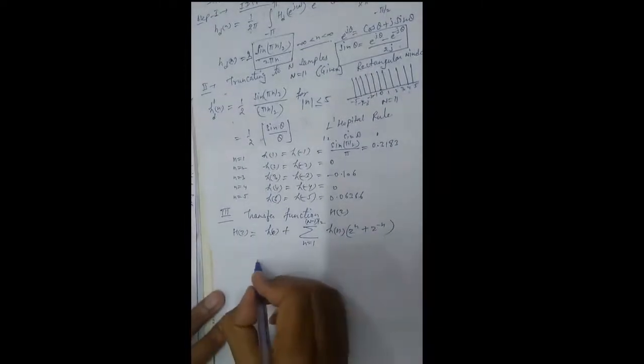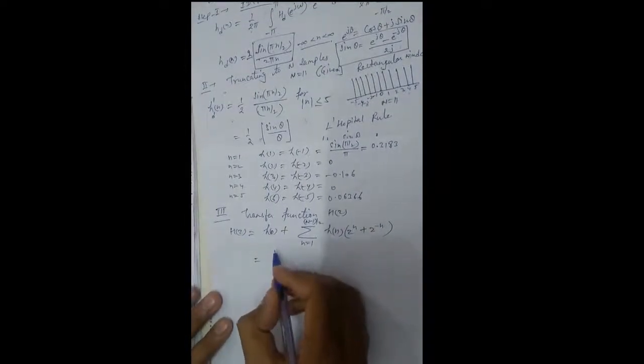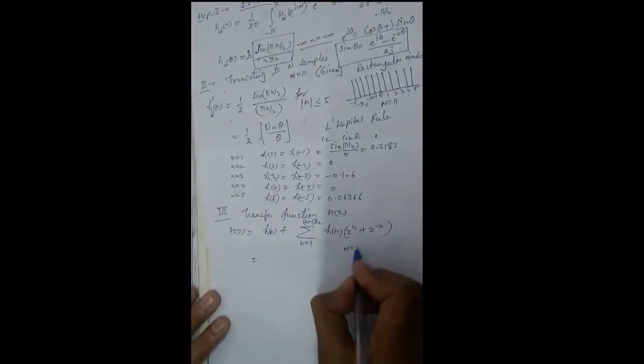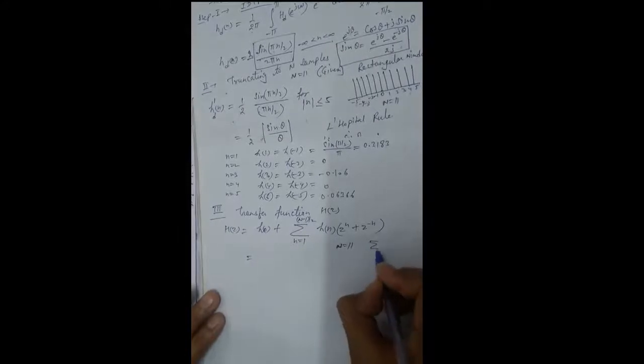That is why we are using this formula. Now after putting this formula and values, expanding, N is equal to 11, summation becomes n equal to 1 to 5.